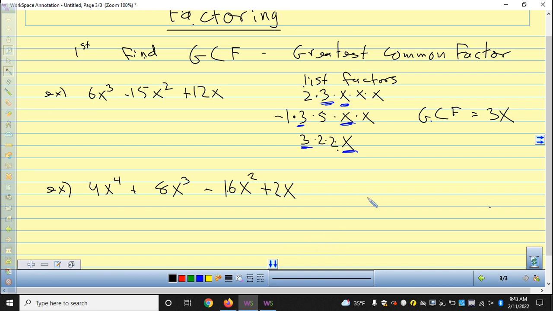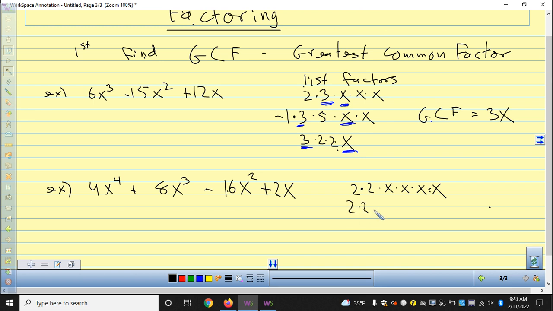All right, so let's list our factors. 4x to the fourth is 2 times 2 times x times x times x times x. 8x to the third is, well, 8 is 2 times 4.